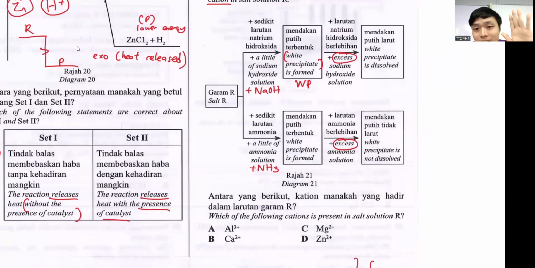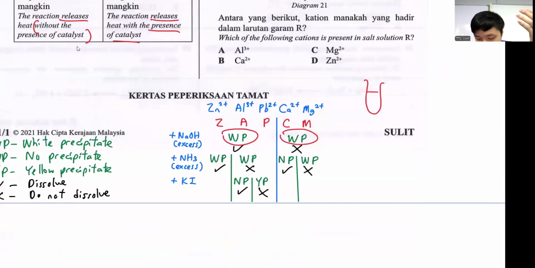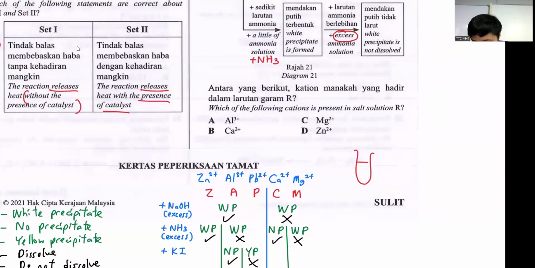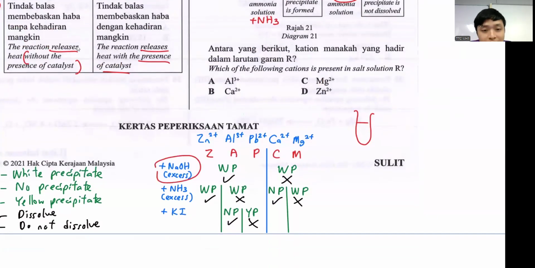Later on they add excess sodium hydroxide, and the white precipitate dissolves. Which one dissolves when you add excess NaOH?